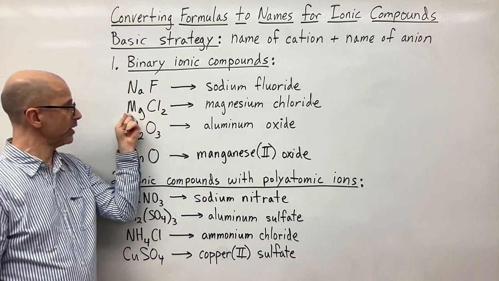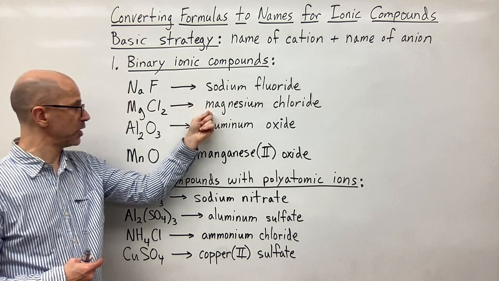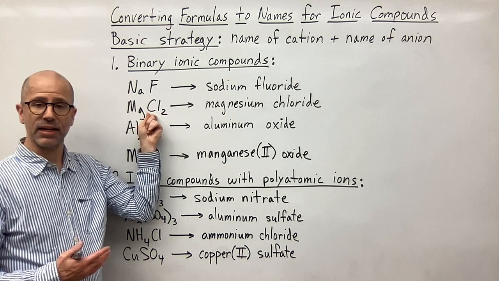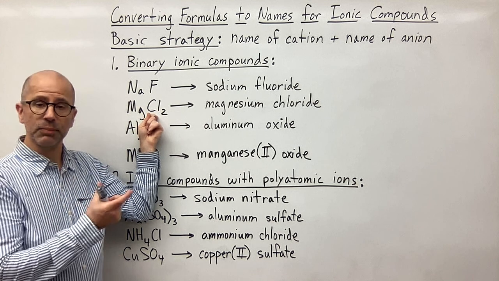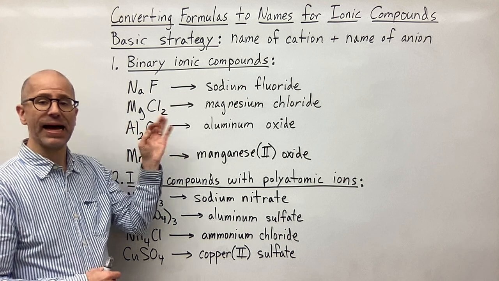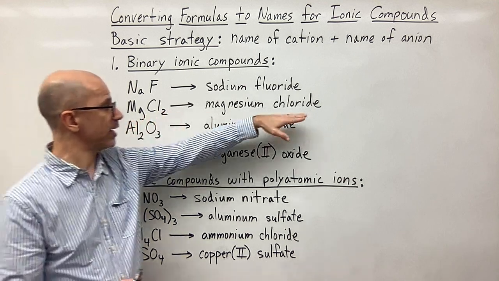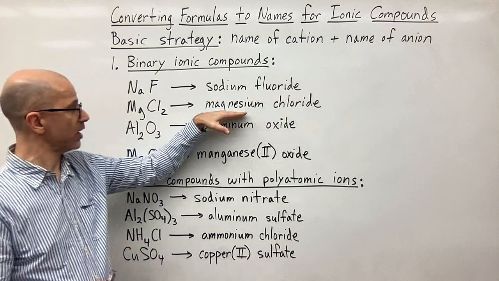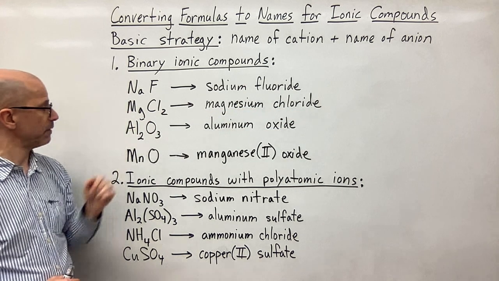So remember, magnesium, positive ion, name of the element, magnesium. Second ion, negative ion, chlorine element name. Keep the root, drop the ending ine, add IDE, and you get chloride ion. So the chloride ion is second. So magnesium chloride is the name of this substance here.